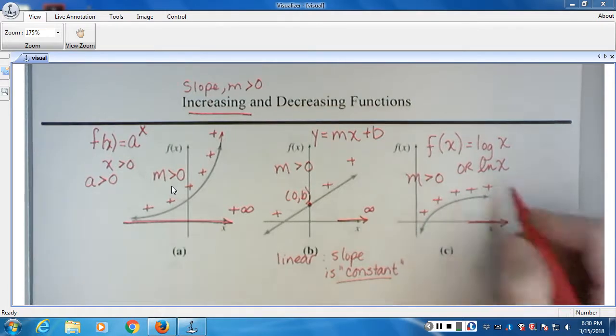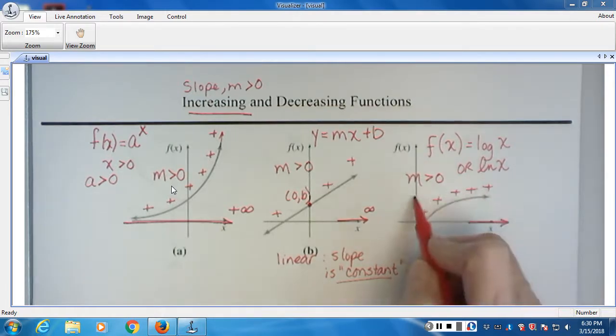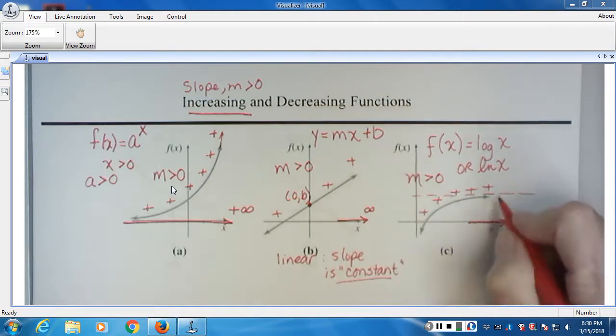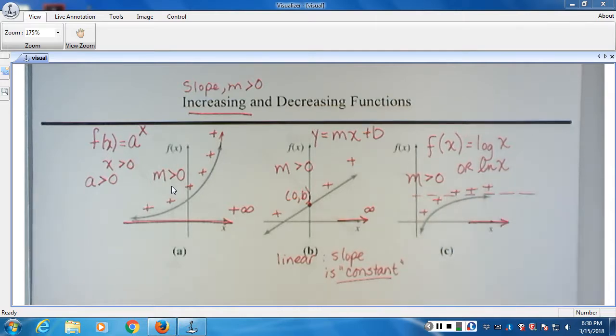So this one is not going to have a slope of 0, but its slope is going to stop changing very much. It's going to look like it's flattened out. It's going to actually look like it became a straight line. So all of those are increasing.